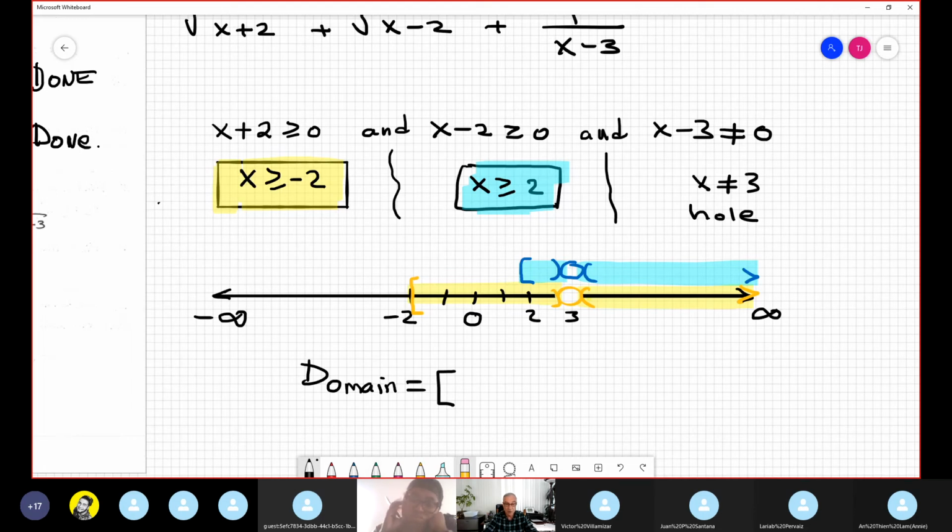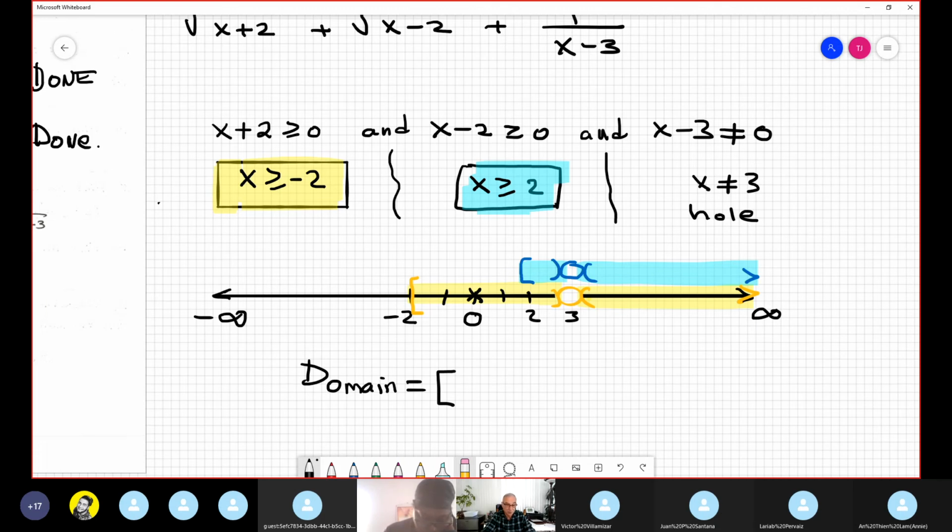Don't lose the idea that it's and. I need to find the common element. These belong to the yellow part but not to the blue part. So I need to satisfy the blue condition, the yellow condition, and the hole. The common element starts at positive 2.